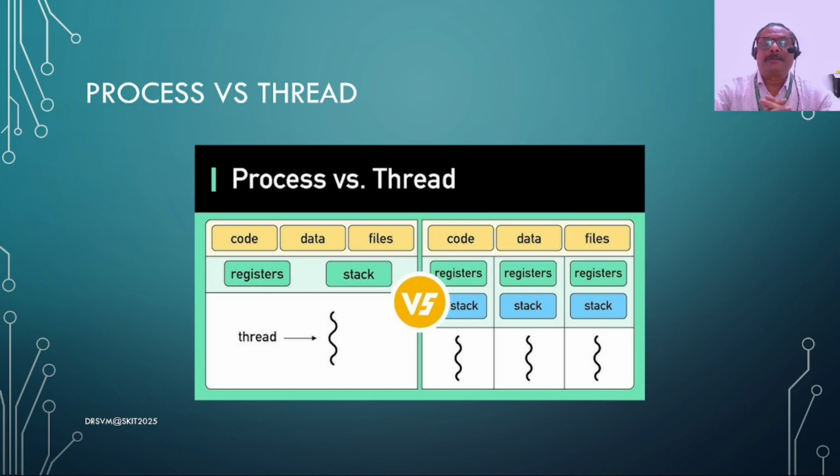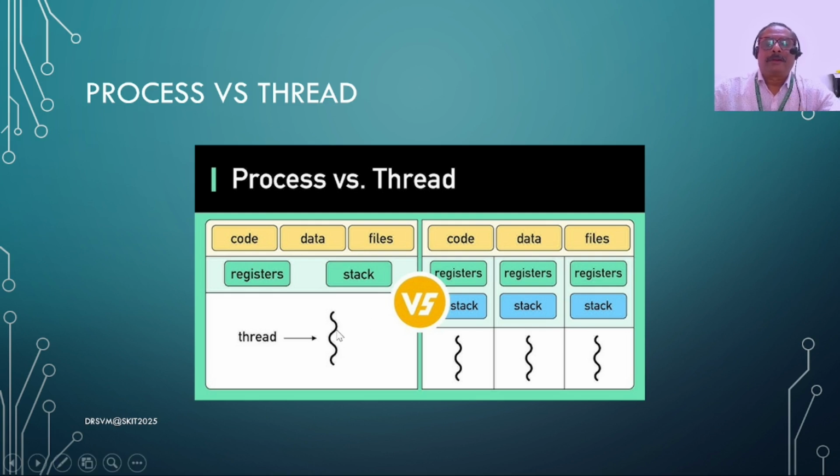But in a multi-threaded process, there is only one set of code, one set of data, and one set of memory allocated for the file details. But each thread has its own register contents to be stored in memory, and each thread has its own stack. So that's the difference.